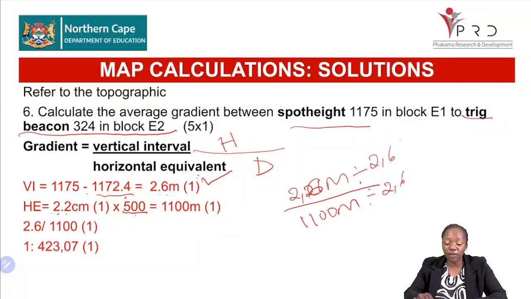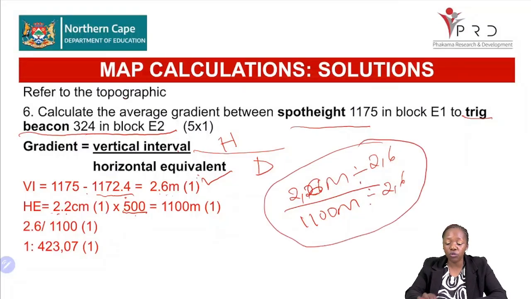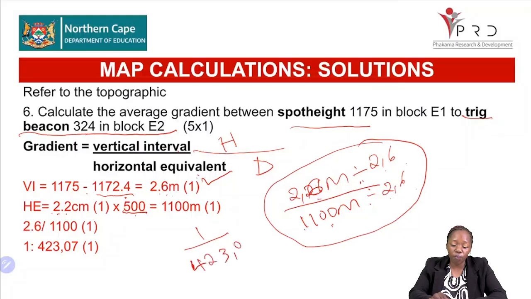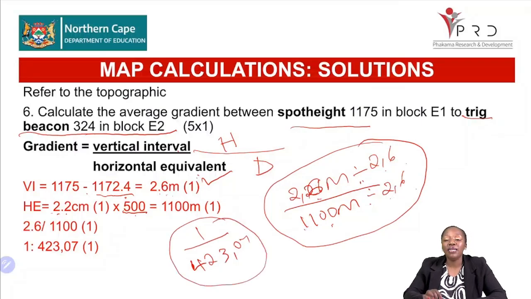Do not put the fraction on the calculator because you are going to get the incorrect answer. So 2,6 divided by 2,6 will give you 1. 1,100 divided by 2,6 will give you 423,7. So this is a fraction. Remember, the answer of gradient is supposed to be on a ratio scale.